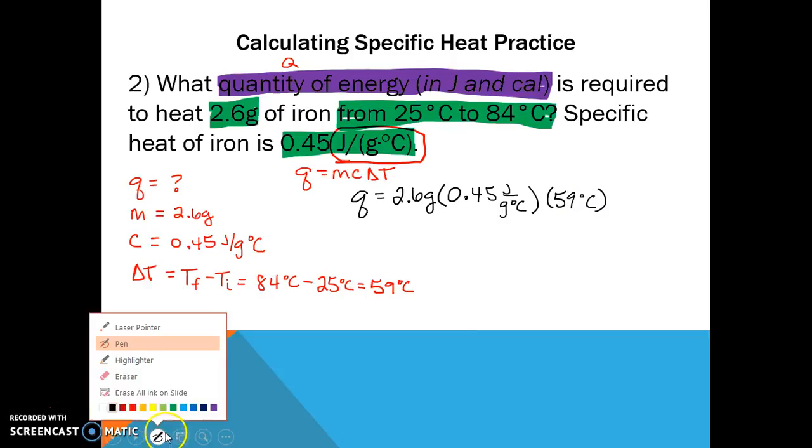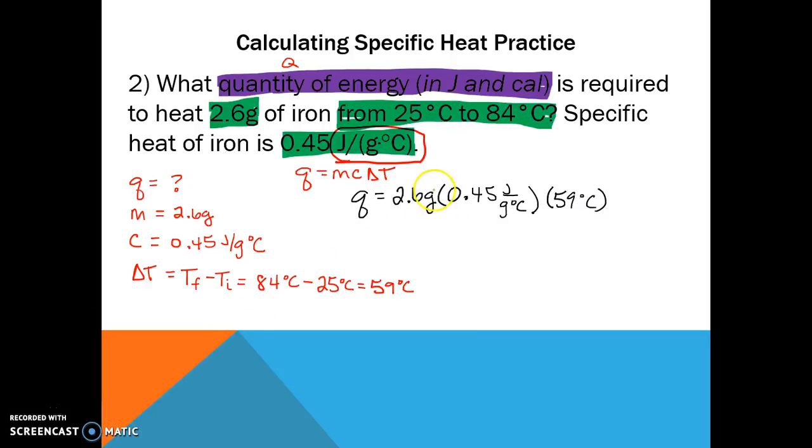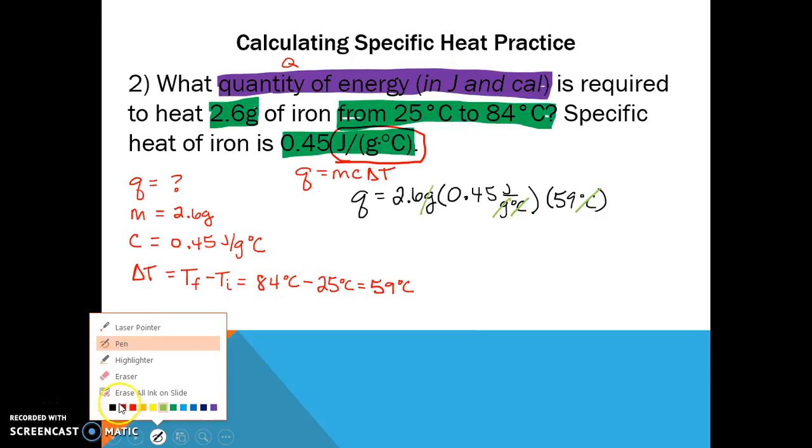I'm going to check my units real quick. These grams are up top and these are on the bottom, so that's going to cancel. My degrees Celsius are down here, and those are up top, so those cancel. So I know my answer is going to be in joules, which I'm okay with.